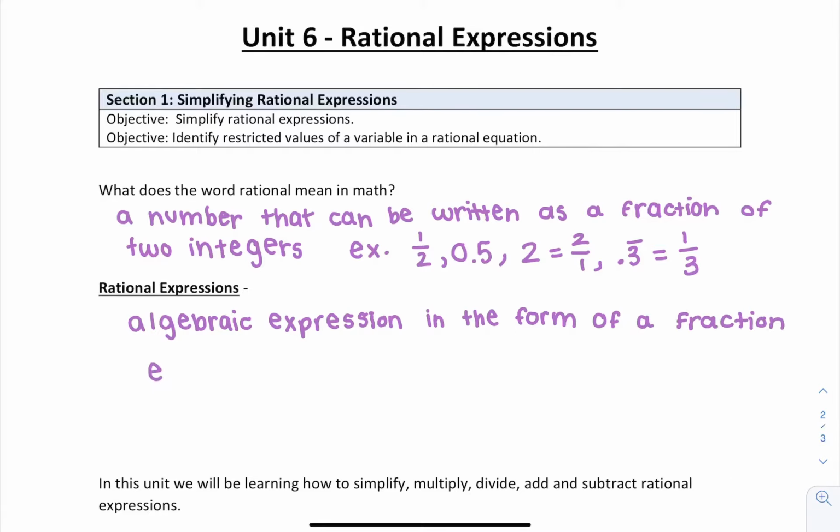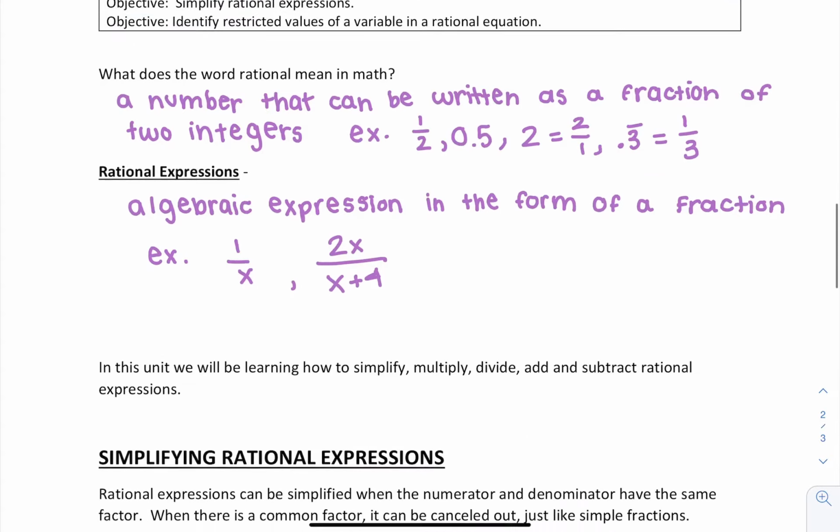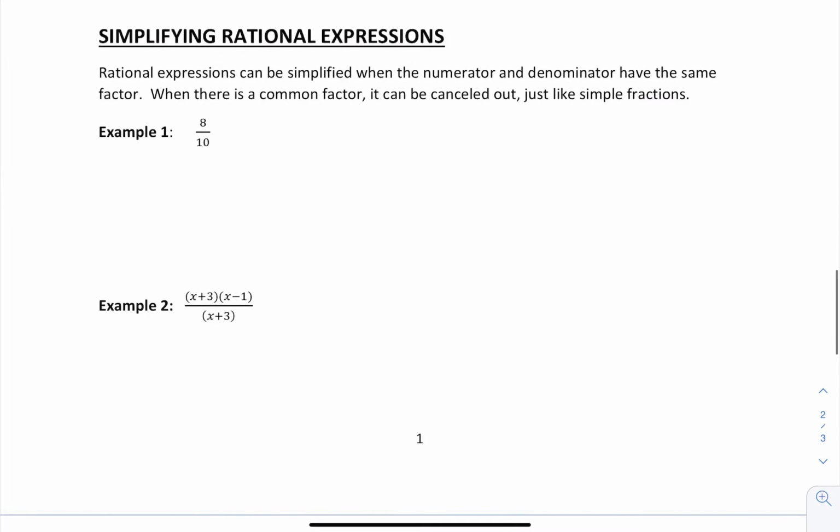So an example of that might be something like 1/x, or maybe 2x over x plus 4. So there's just an algebraic expression that is involved with being any fraction. So in this unit, we're going to learn how to simplify, multiply, divide, add, and subtract rational expressions. The first thing that we have to learn how to do is how to simplify a rational expression.